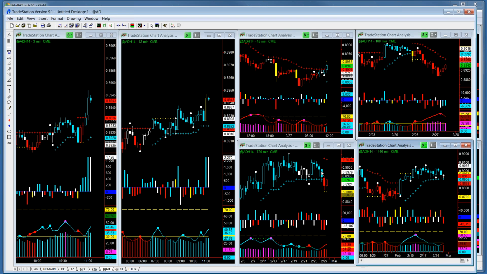On the Aussie, you're right at an ATR, but there's no divergence at that ATR. That tells me I can't take that trade unless I see something on one of these other time frames like the 720, the 180, or the 45 that will give me a very short-lived trade. Okay, it wouldn't be a trend trade though.